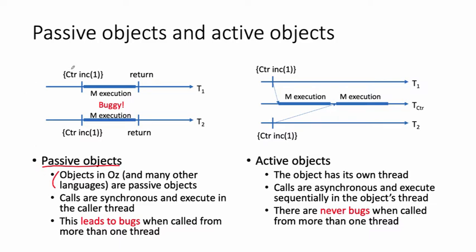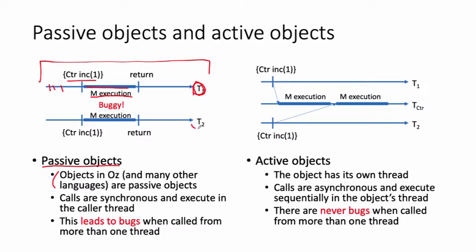If you look at the diagram on the left here, I have a thread T1. This thread is executing instructions. Assume the thread does counter increment 1. It then executes this method, inc1, inside the object. So this method is executed inside the thread T1. That means the object does not have its own thread. It executes in the thread of the caller.